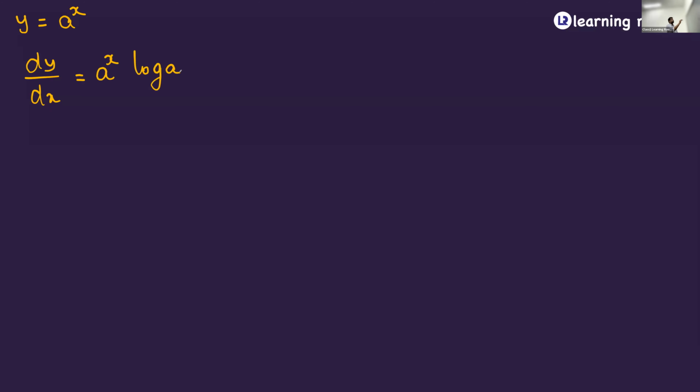Okay, it's very simple. If you take y is equal to a power x, whenever you want to solve an exponent, always take log on both the sides. So log y, when I take log y, I'll take it to the base a. Why I chose base a is because here the base is a, so I wanted that to get eliminated. So log y base a will be equal to log of a power x base a.